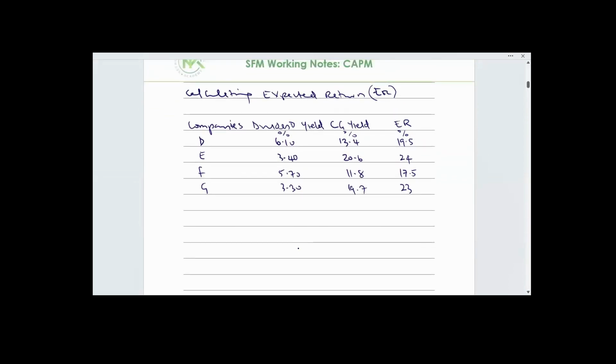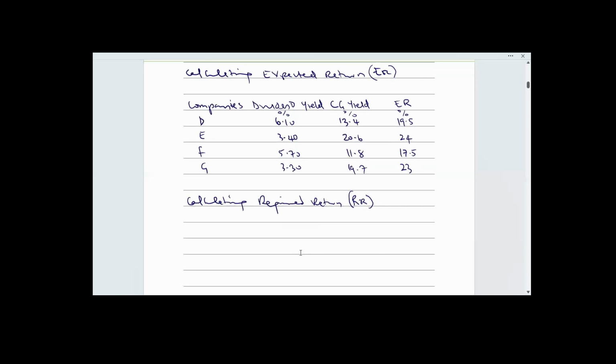So I would then say required return, which is CAPM. Required return is the risk-free rate of return plus the beta times market return minus risk-free rate of return.